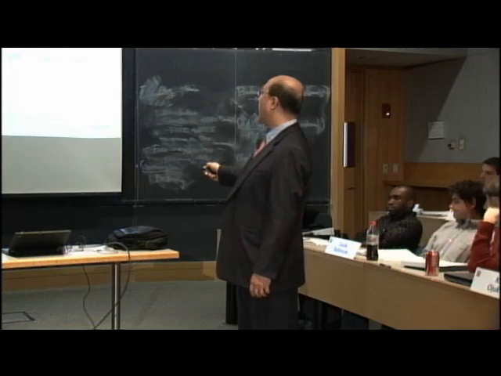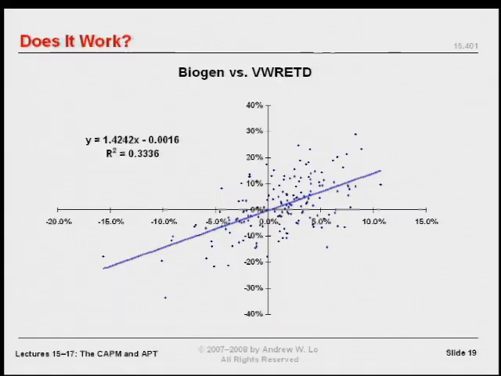So this is a plot of Biogen versus the market. And you can see that there is some slope that fits this scatter of points. And of course, the equation is 1.42 times the market minus a particular value for the alpha, and then an R-squared of about 33% over this particular sample period.